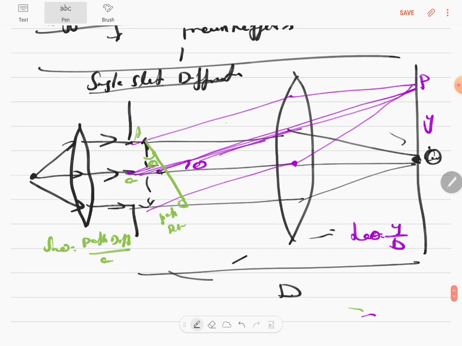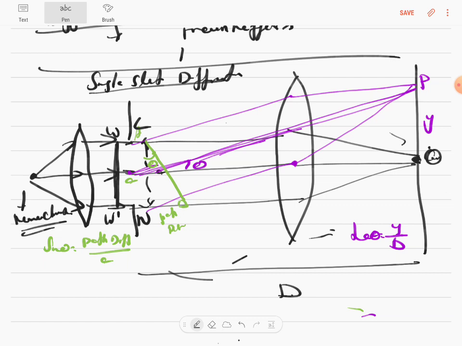Supposing a parallel beam of light from a monochromatic source. So this source is a monochromatic source, which has a single wavelength. Monochromatic source is incident on a narrow slit LN of width A. The incident plane wavefront WW dash is now coming into it.